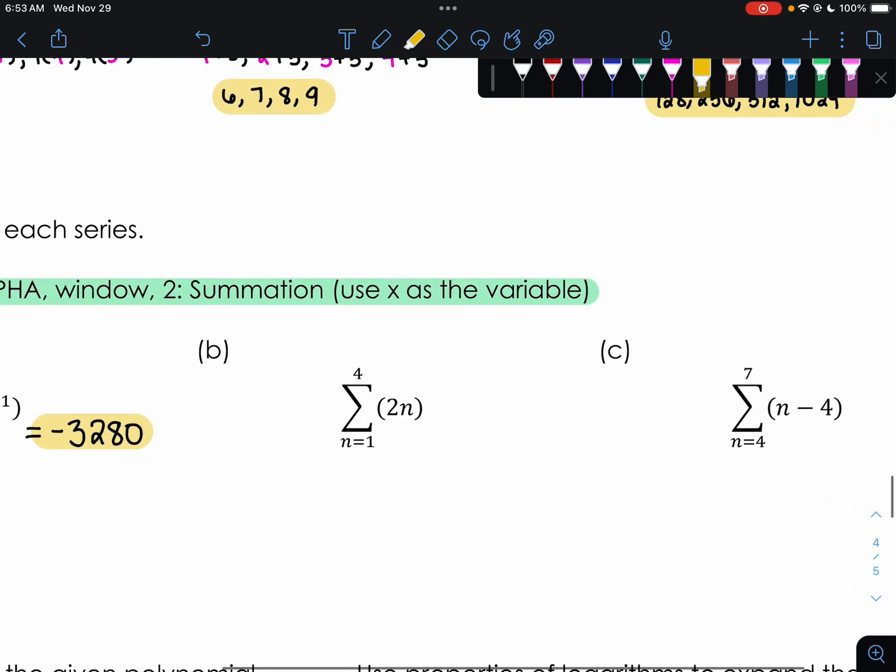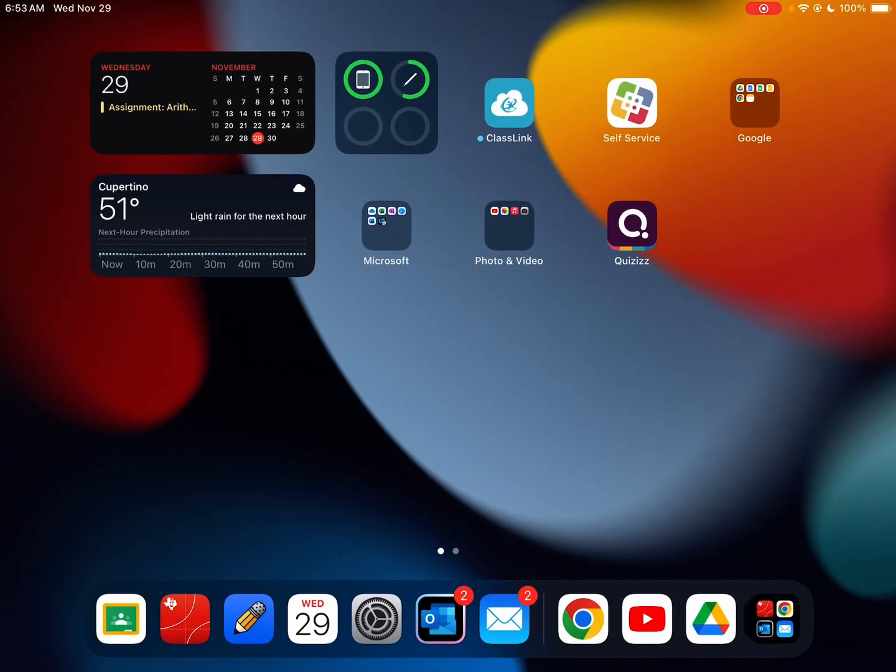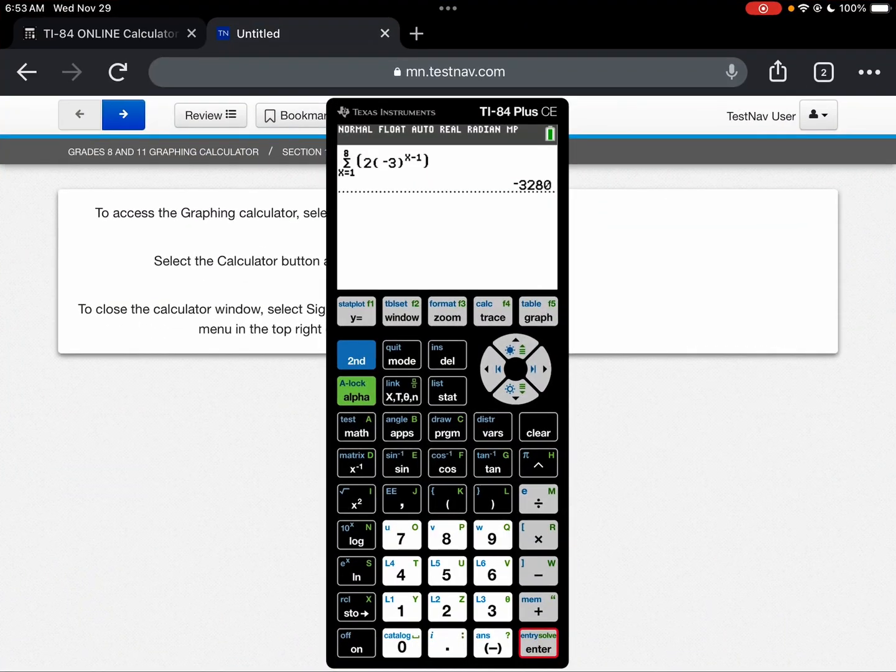So moving on to B and C. So I'm going to show you how to type them both in, and then I'll write the answers. So for B, we have alpha window 2, X equals, this one is going to start at 1. It's going to go to 4, and we have 2x. Press enter, you get 20. Boom, that's it.